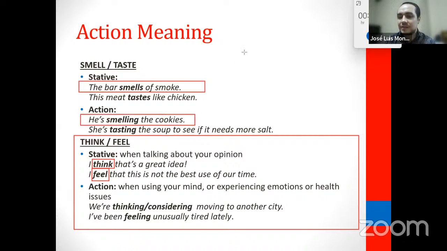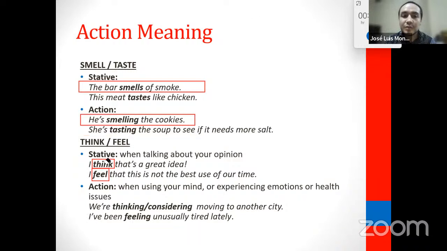That's the first big example. So try to give me only one example in which you use smell as an action verb and non-action verb. And of course, it can be one example that is composed of 2 or 3 complete ideas. That's the first one.